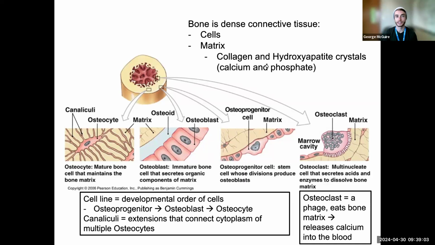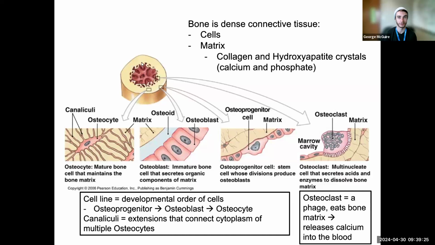But a majority of the mass of our bones is inorganic. It is made up of minerals, these hydroxyapatite crystals. I know that's quite a mouthful, hydroxyapatite crystals. And those are our minerals, mainly calcium and phosphate, but we have lots of other minerals that make up that structure. And that's what makes up a majority of this space.